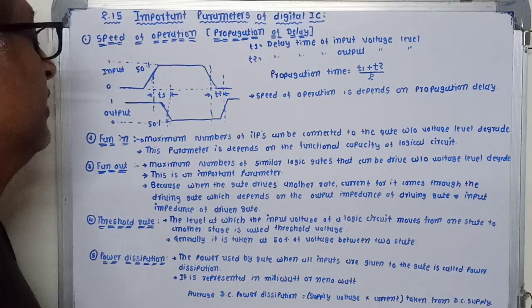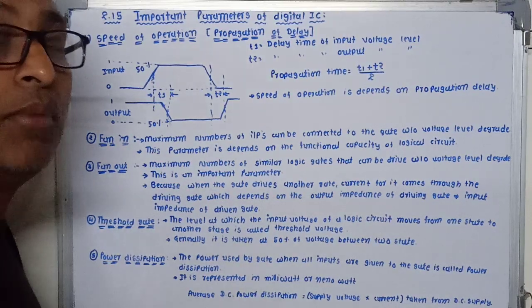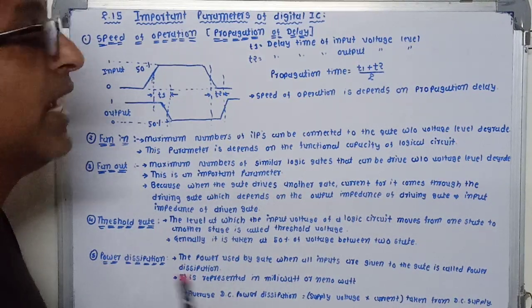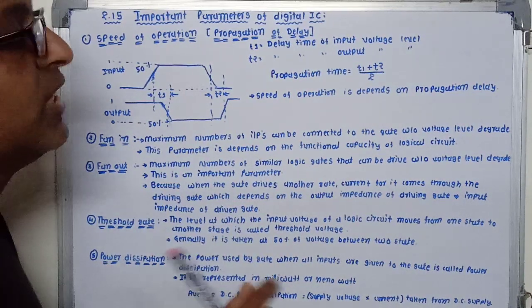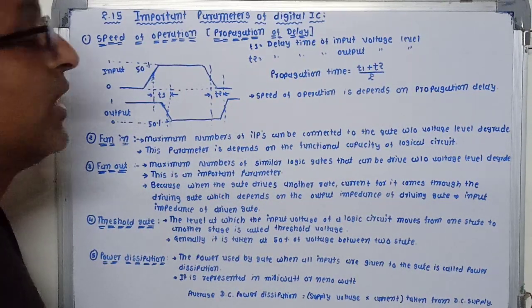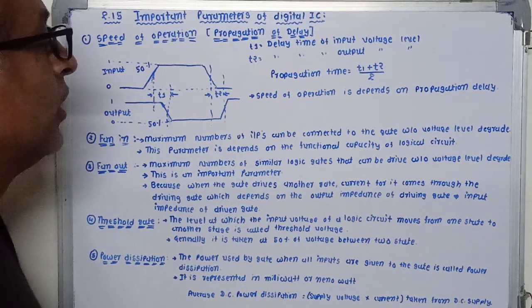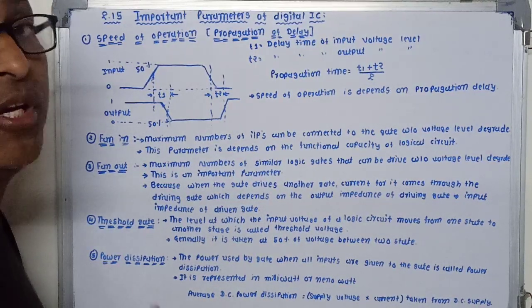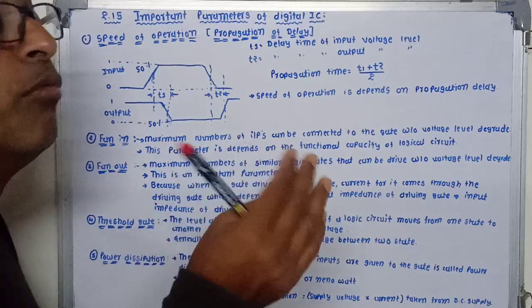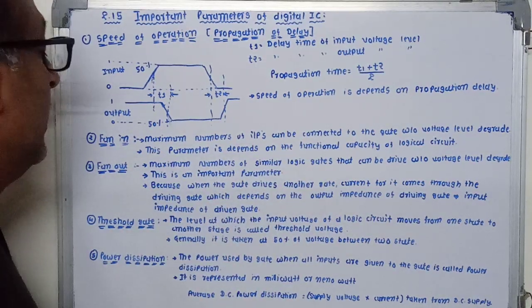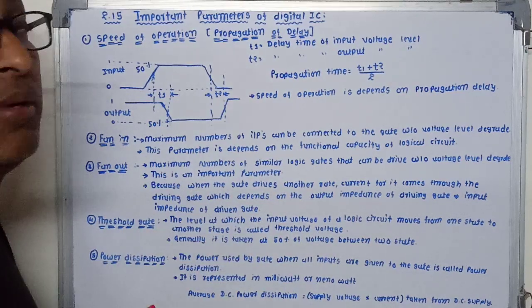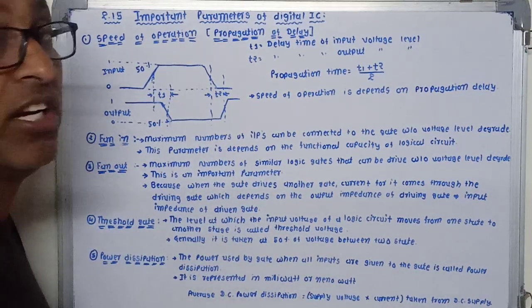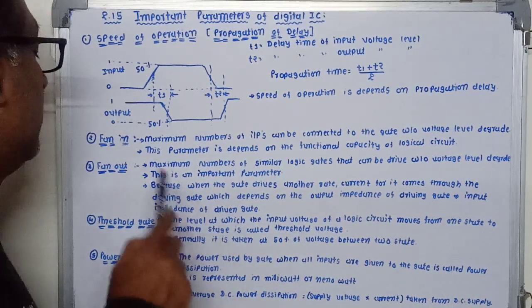Second, fan in. Fan in is the maximum number of inputs that can be connected to the gate without voltage level degrade. That means you can connect many inputs which do not affect the voltage level. This parameter depends on the functional capability of the logical circuits.